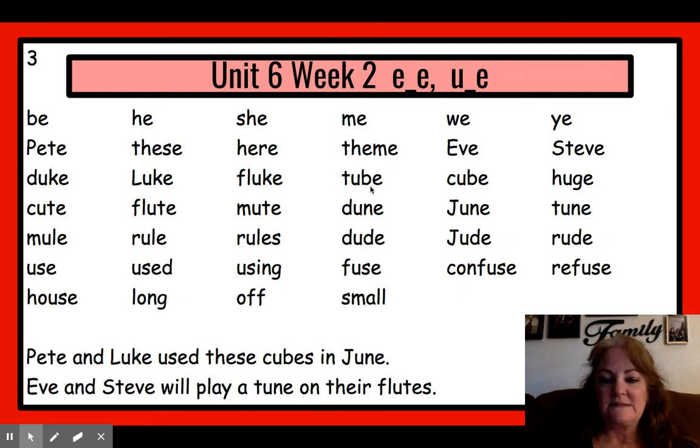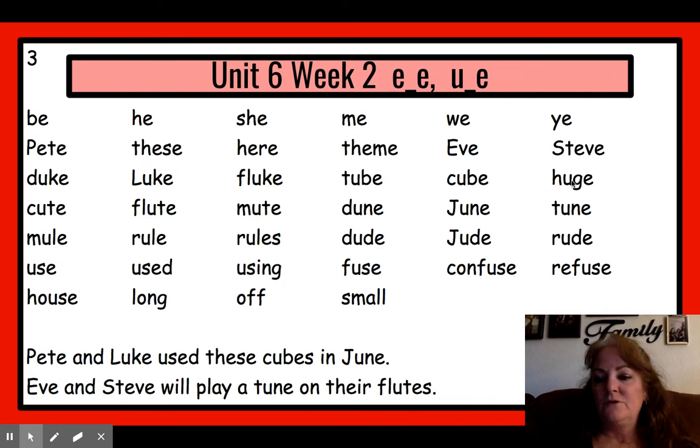Okay, next section has a long U, a B in the blank, and a silent E at the end. T, U, tube. K, U, cube. Tube and cube. And last one here.